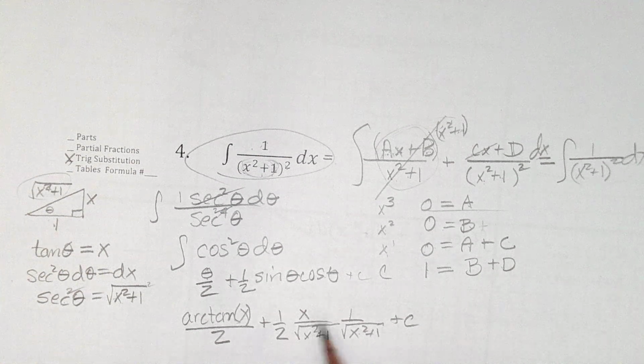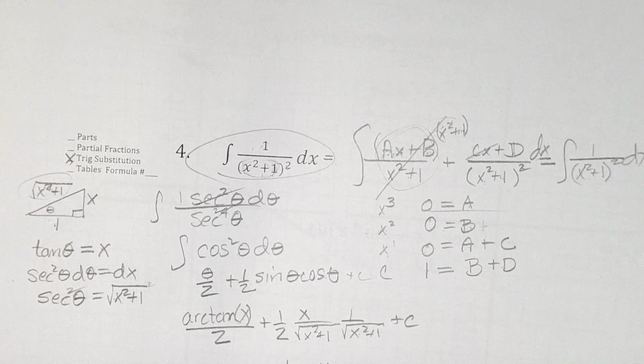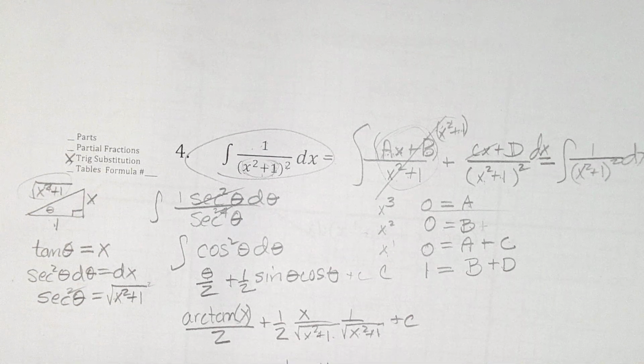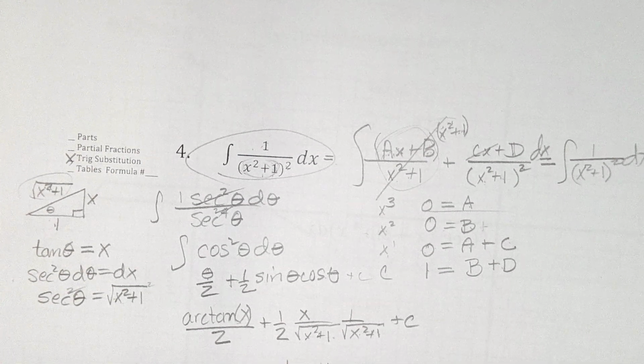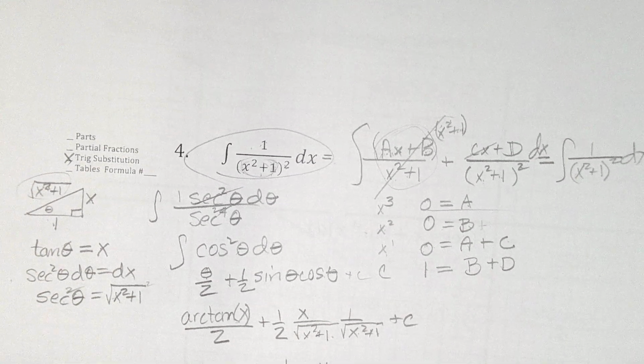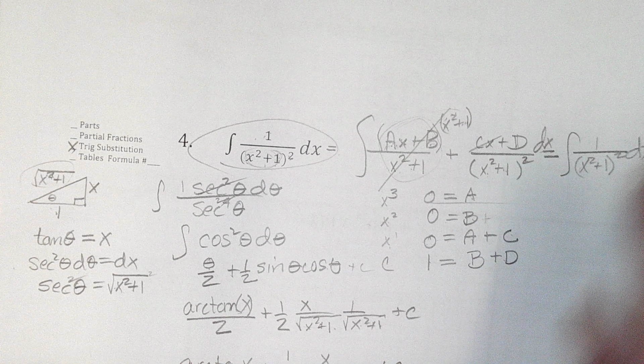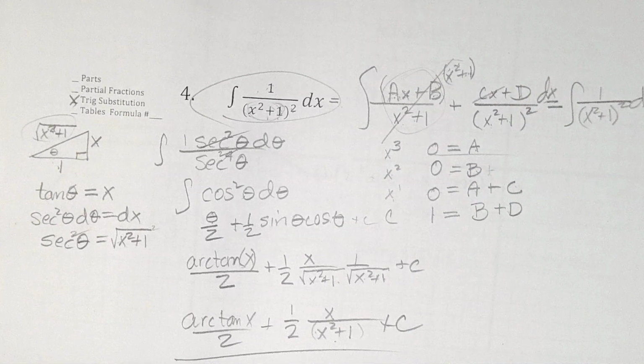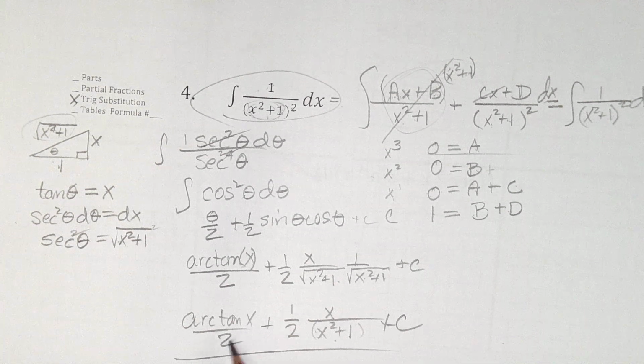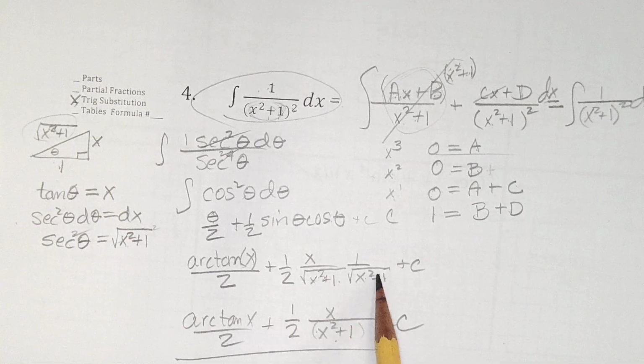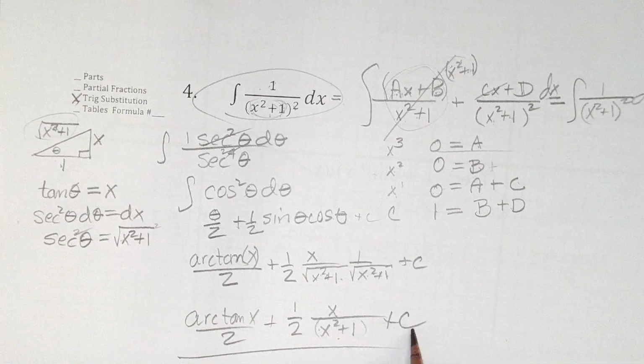These multiply out to be just 1/2 x over x squared plus 1. If we take a square root times itself, it gets rid of the square root, and we get that. So we get arctangent of x over 2, plus 1/2 x over x squared plus 1, plus c.